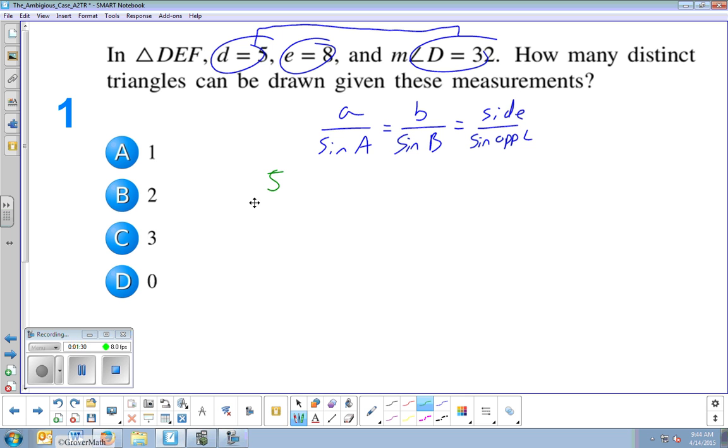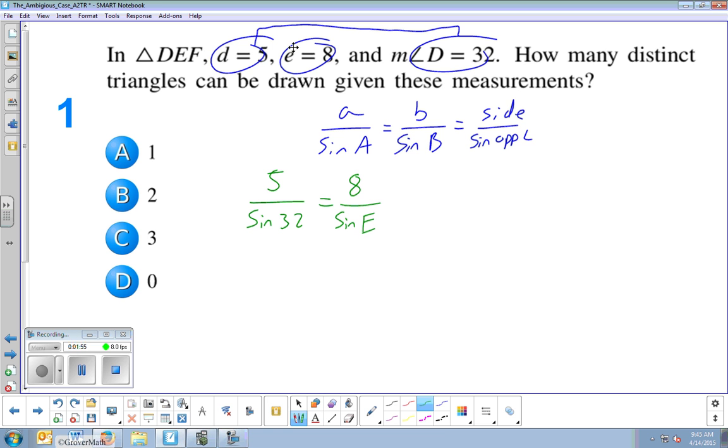This would be 5 over sine of its opposite angle 32. So side d over sine D. And then I have side e here, that would be 8, but I do not have angle E, so I'll just put it over sine of angle E for now.